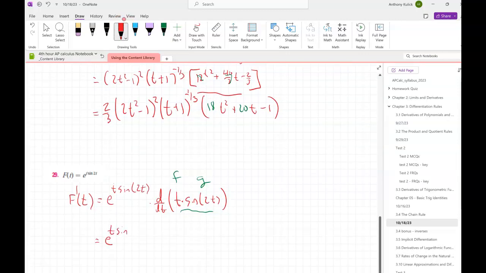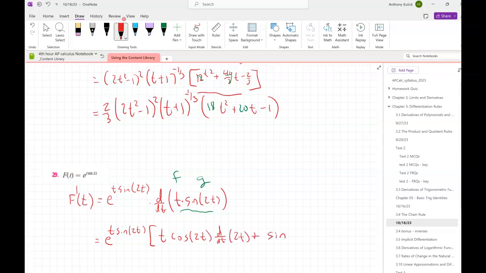Does that feel okay there? Yeah. Okay. Now, when I'm doing f times g prime, to do the derivative of g requires a chain rule. The outer function is sine of x, whose derivative is cosine. And then the derivative of the inner function is 2t.